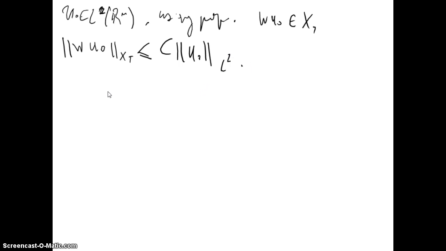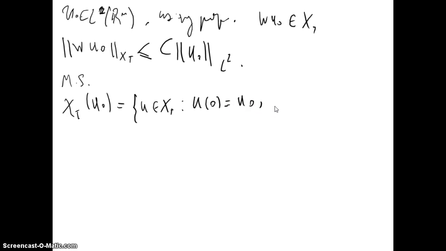Okay, then we can consider the following metric space. X_t(u naught) equal to the u in X_t such that u(0) is equal to u naught and the norm of u minus W(t)u naught in X_t is less than or equal to 1/2.